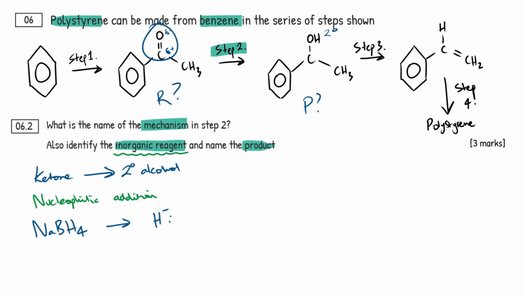Alternatively, you can have lithium aluminium hydride. So it's sort of like this molecule right here, but it's going to be lithium aluminium H4 again. Okay, lithium aluminium hydride. So that's our 2 options out the way for what the inorganic reagent is going to be.